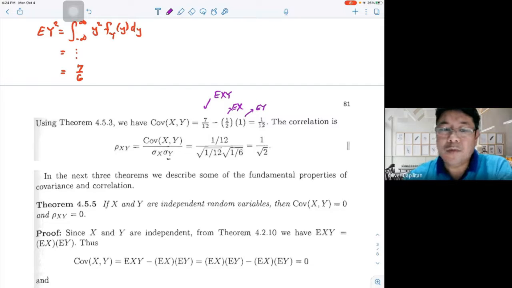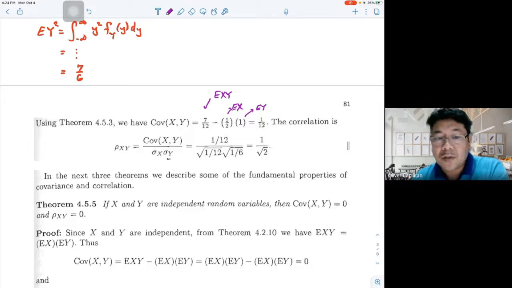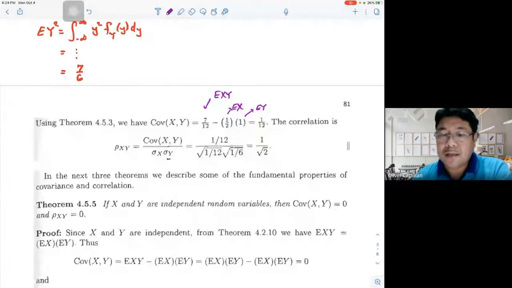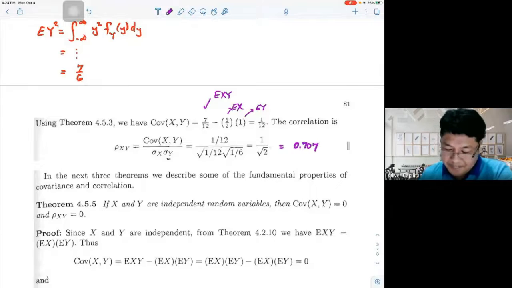And then computing for the correlation of x and y, we have the covariance of x and y over the product of the standard deviations. So 1 over 12, and we already computed the variances of x and y, so we can compute the standard deviations. If we express this in decimal, this is equal to 0.707.